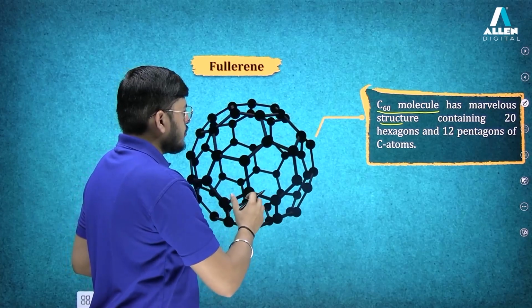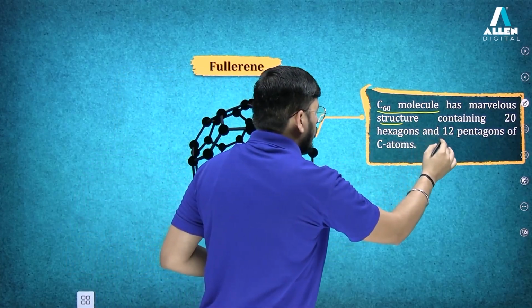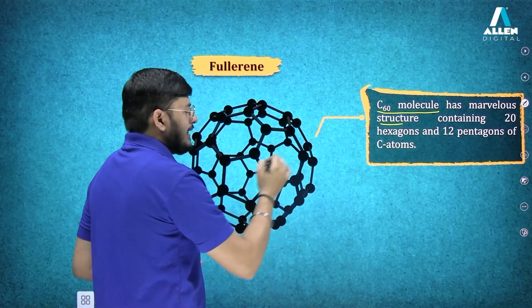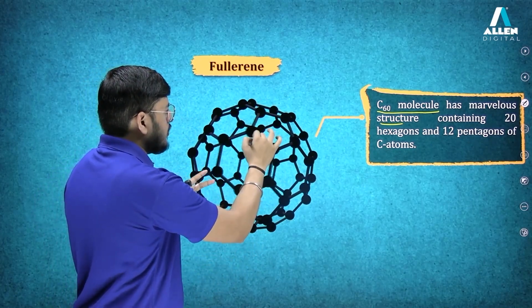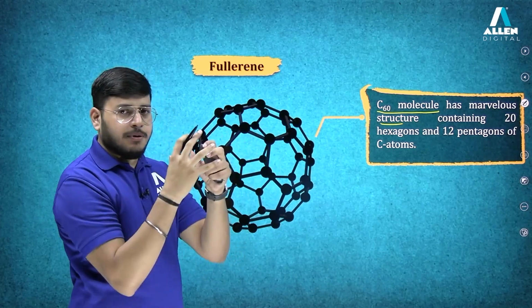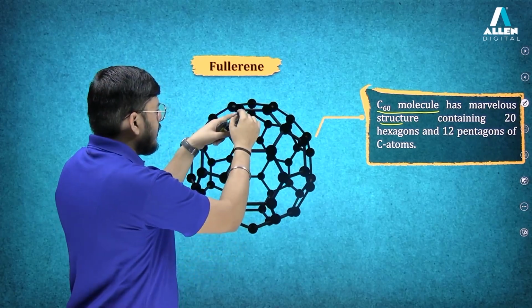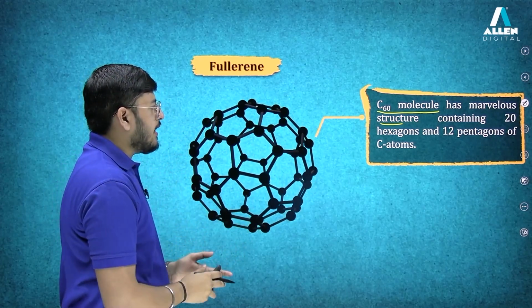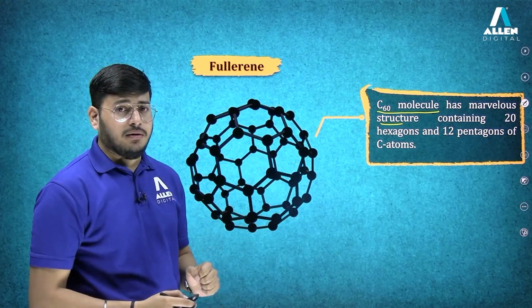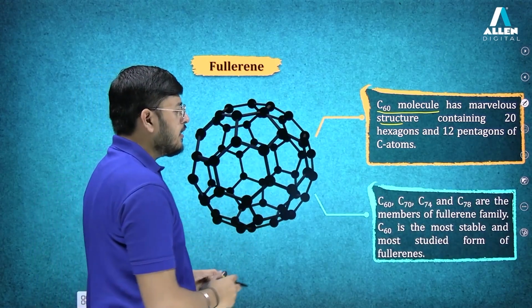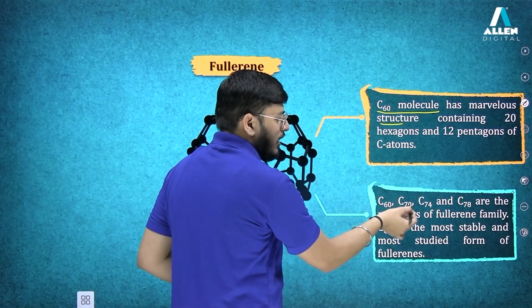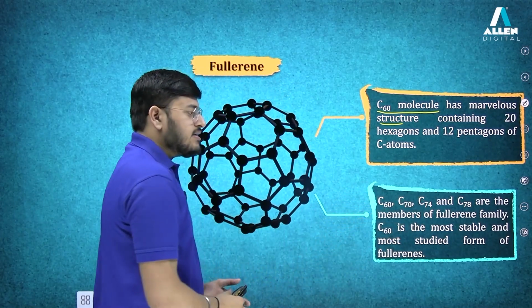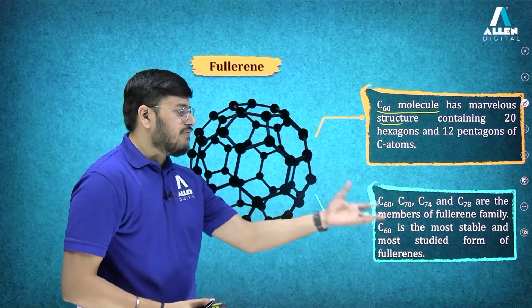If you want to know how the 20 hexagons and 12 pentagons are connected, over here you can find that 5 carbons are bonded together, and likewise the hexagon is also created in this fullerene. We have other fullerenes like C60, otherwise we have C70, C74, C78 also.